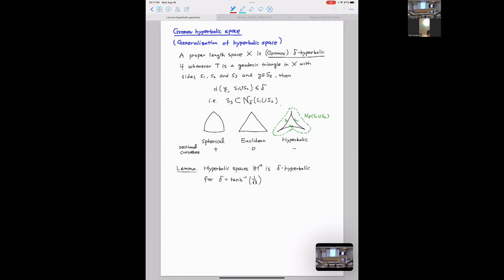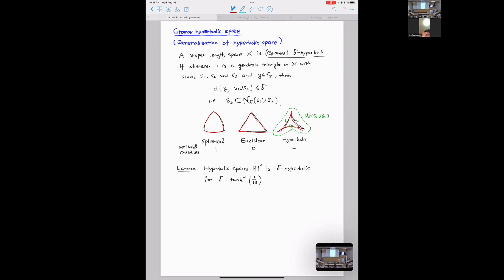This gives us the idea behind the definition of a Gromov hyperbolic space. In spherical geometry, if you draw a triangle, you have a thick triangle, and in Euclidean space you have a flat triangle. In hyperbolic space, you have a thin triangle, like this. This is the key property of Gromov hyperbolic spaces, so keep this picture in mind when we study them.